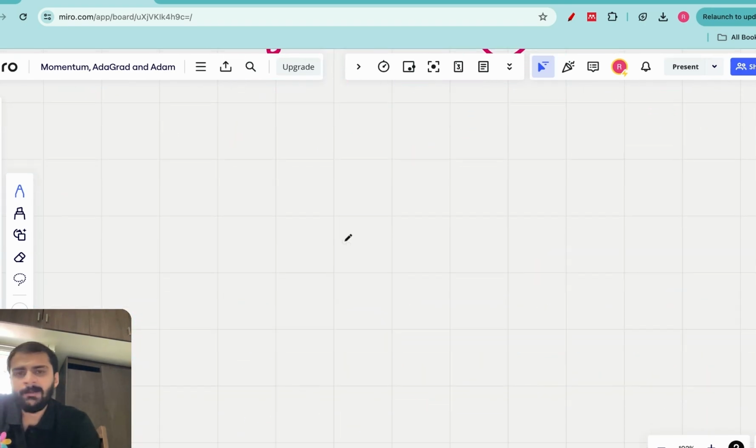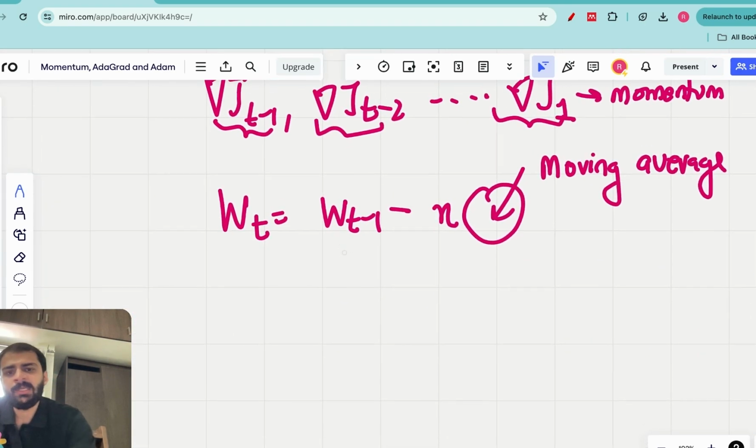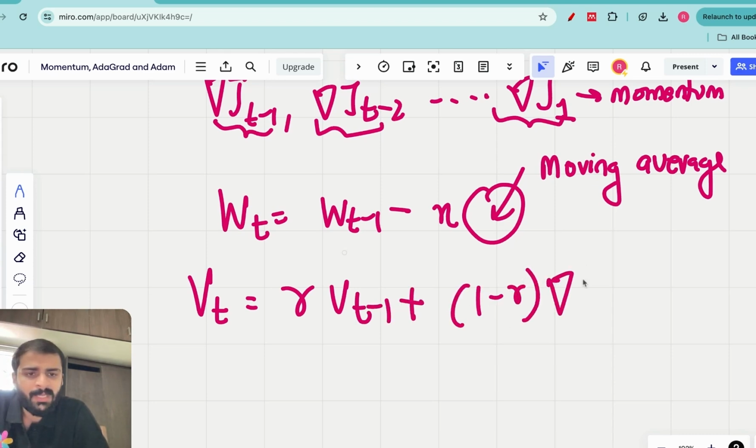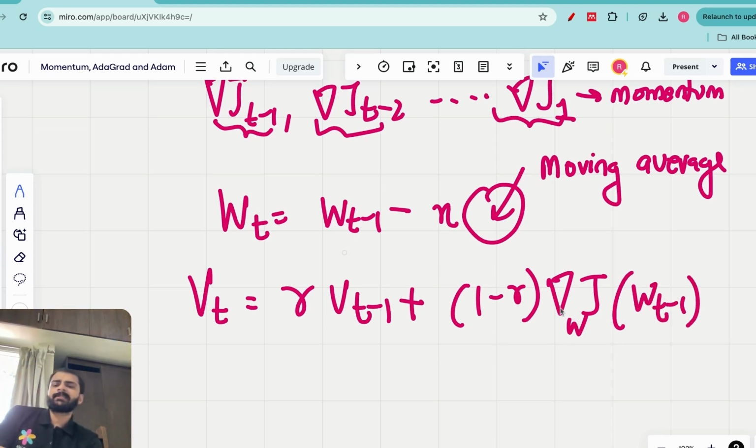So let's say I first construct a new quantity which is capital V, the moving average of the gradient, which is gamma times capital V t minus 1 plus 1 minus gamma times gradient of J for Wt minus 1. That's it.